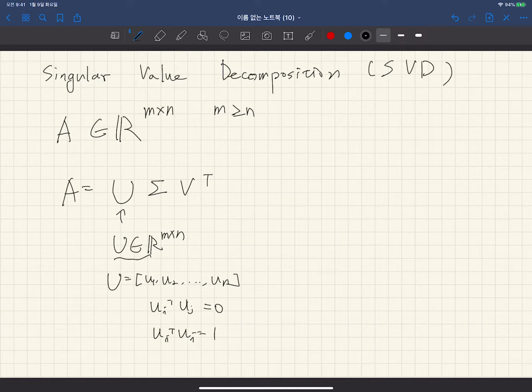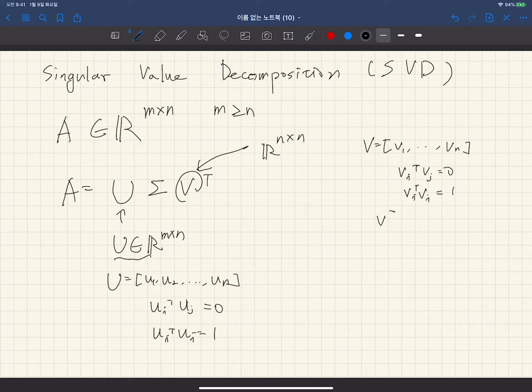V has shape n by n. In this case, V is also an orthonormal matrix, such that Vi transpose Vj always equals 0, and the norm of Vi is equal to 1. Essentially V transpose V is equal to the identity matrix with size n by n.